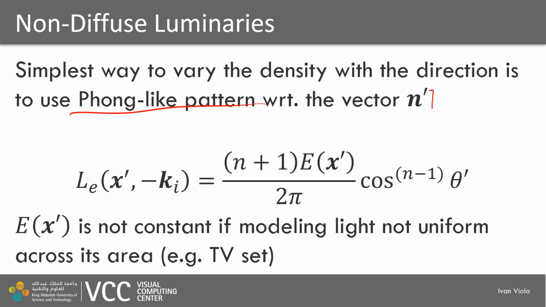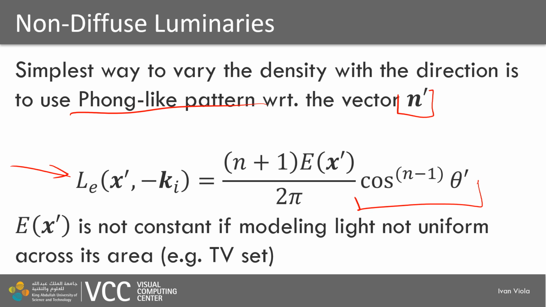So, for example, here we have the normal vector n' of the light, and we can perform some cosine term weighting of our probability to calculate our emitting gradients.